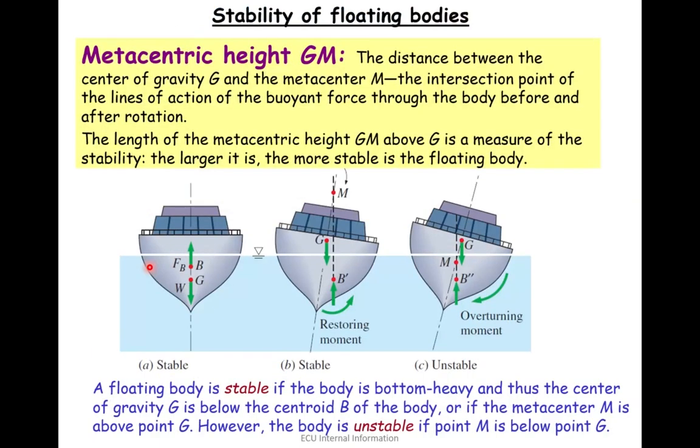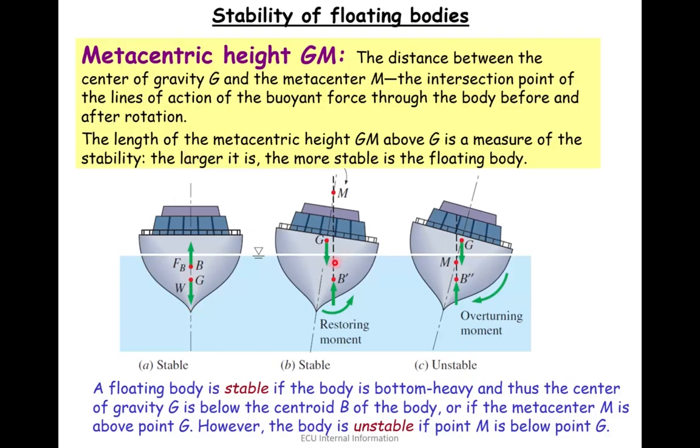Now, one item that is defined for stability of a floating body is metacentric height, because this metacentric height is a very important parameter to estimate. Let's say, for example, we have a vessel here, and there is a line passing through the center of buoyancy and center of gravity.